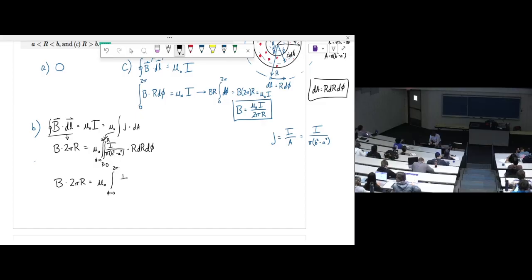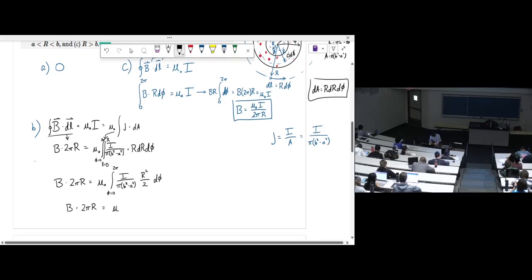And then I got I times pi (b squared minus a squared) times r squared over 2 d phi. All of this is constant with respect to d phi, so now I've got B times 2 pi r is equal to mu naught I over pi (b squared minus a squared) times r squared over 2 times 2 pi.